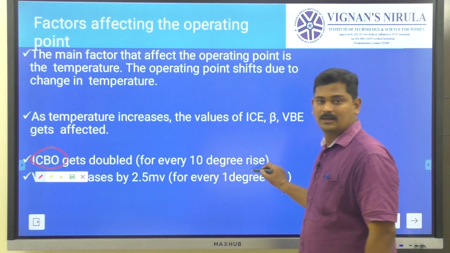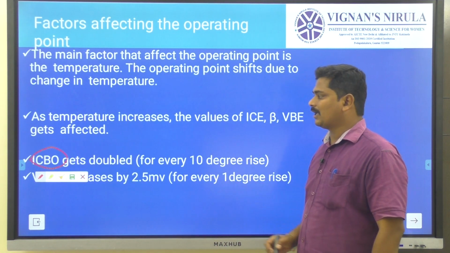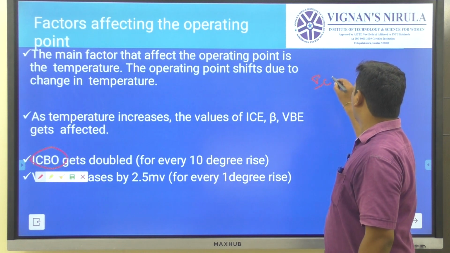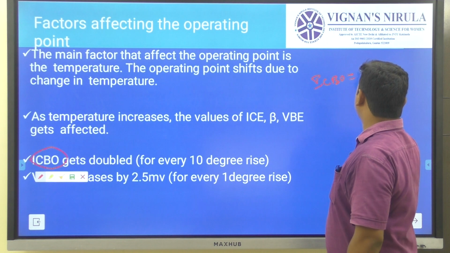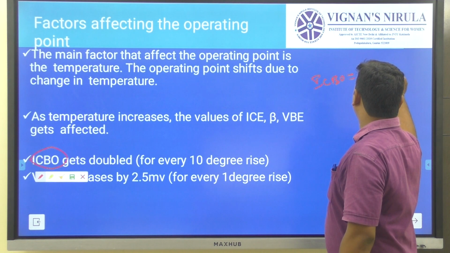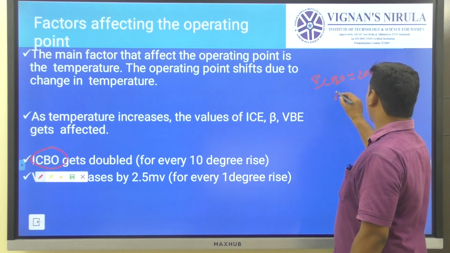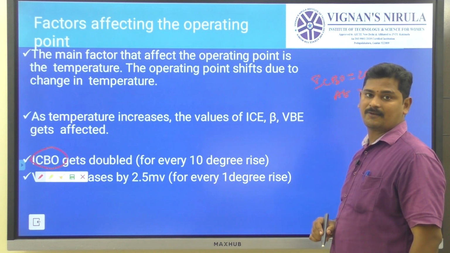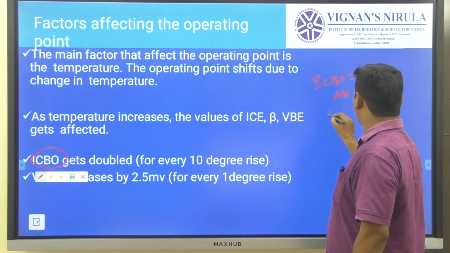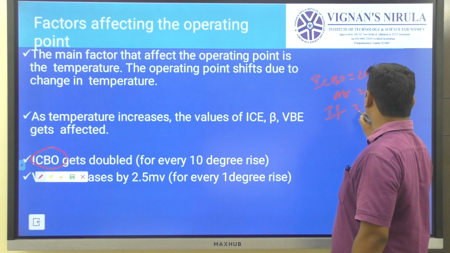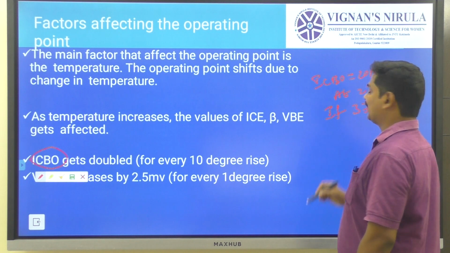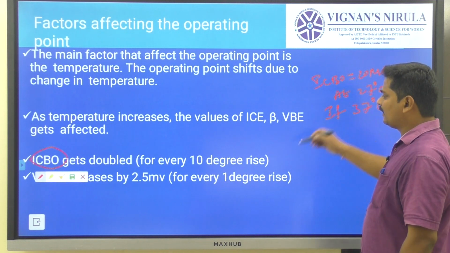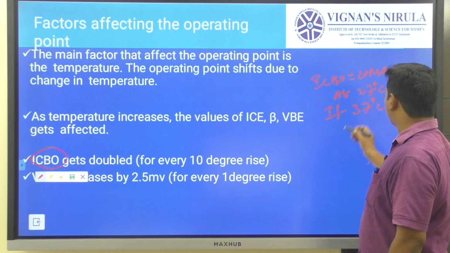So for a 10 degree rise, if the ICBO value is, for example, 20 microamperes at the room temperature of 27 degrees centigrade, and the room temperature increases to 37 degrees Celsius, that is a 10 degree increment, then your ICBO value will be doubled.